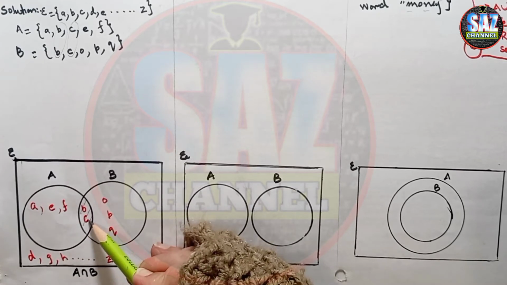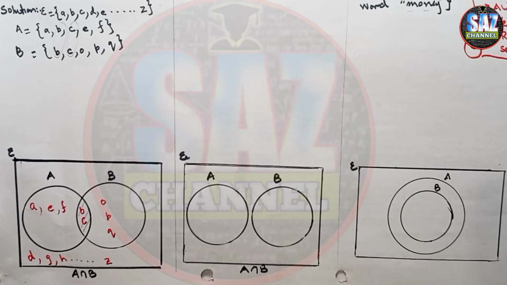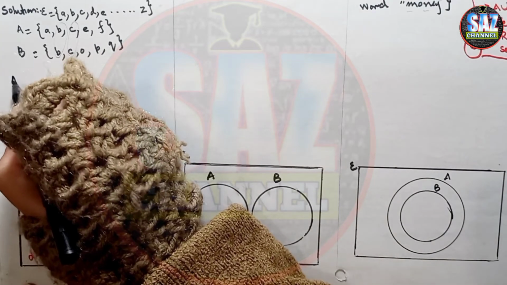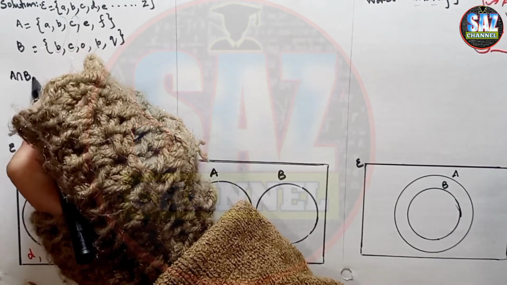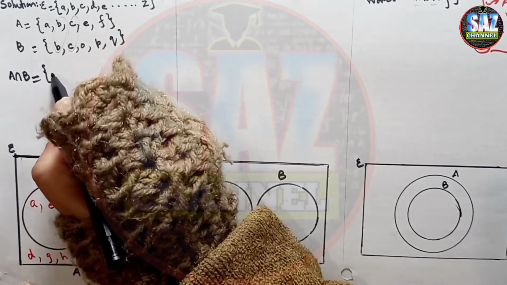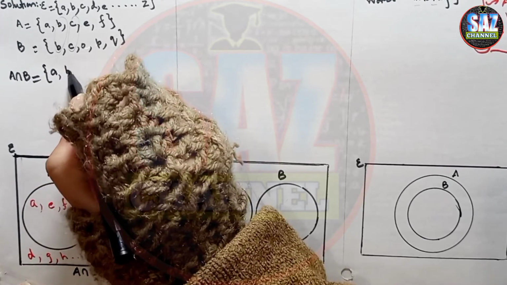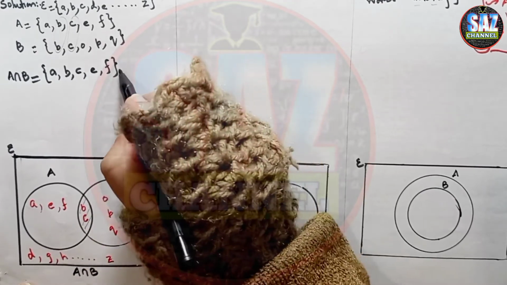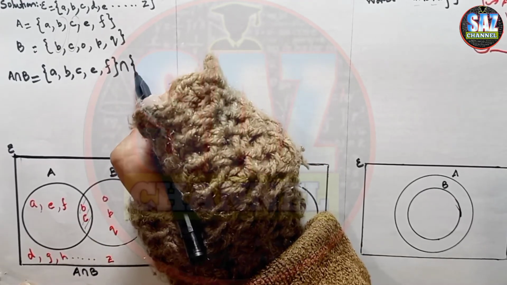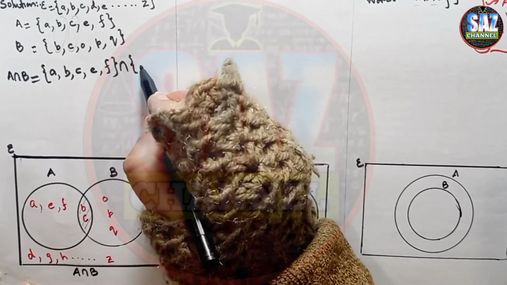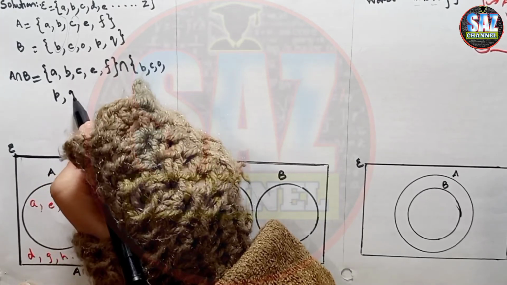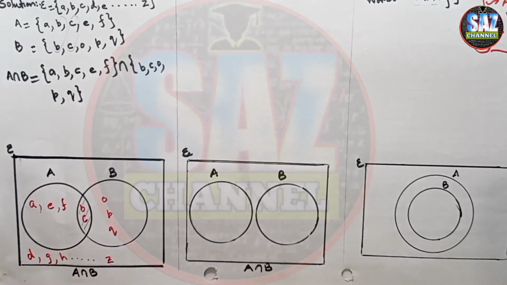When I find the intersection by formula, I have to write A intersection B equals, first of all, the elements of set A, B, C, E and F, then I put the intersection symbol, and then I write the elements of set B, that is B, C, O, P and Q. Now I have to see which elements are common.